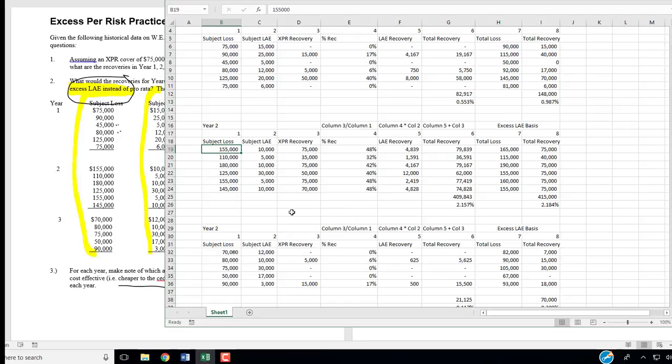But in this case, because the 75 excess of 75 means that the maximum the reinsurer would pay is going to be 50% of the loss. And we didn't have many of those. This was the closest here in terms of the percentage of recovery.